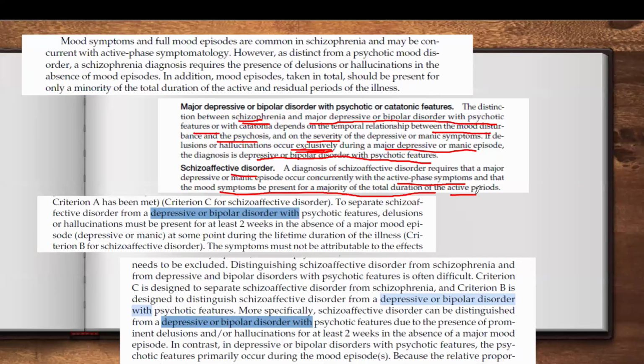Okay, so it means that the time during which your hallucinations and delusions last, for example, in a patient of schizoaffective disorder, if his hallucinations last for 2 weeks, his depressive symptoms or manic symptoms will also be lasting for the same 2 weeks. That means whenever he's having the symptoms of schizophrenia, he's also having symptoms of mood disorder. They are occurring together.